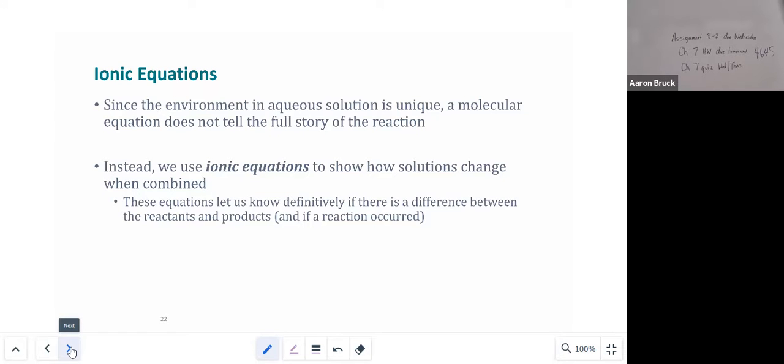Here's a white solid that dissolves into water, and the resulting solution is clear and colorless. And here's another white powder that dissolves into water and gives us a clear and colorless solution. And when I put them together, they give us a clear and colorless solution. Without the use of ionic equations, I have no way of determining heads or tails.